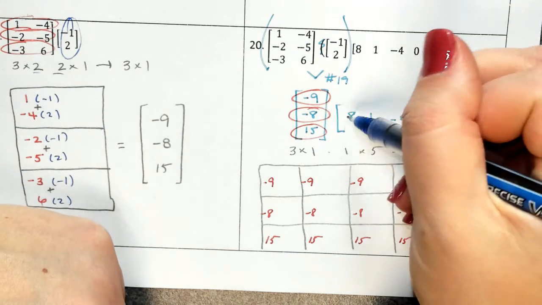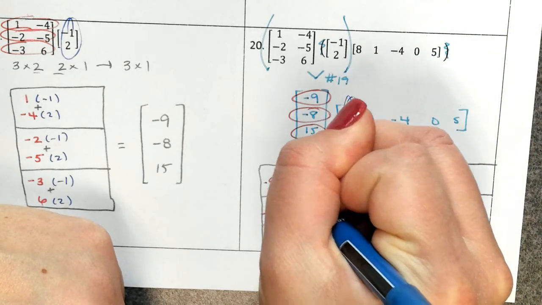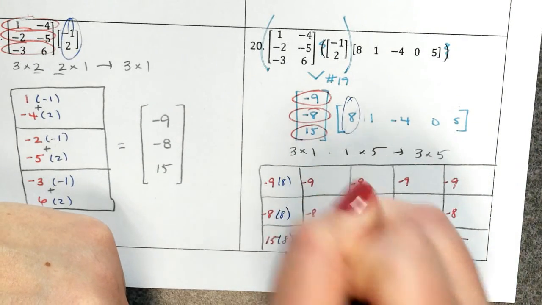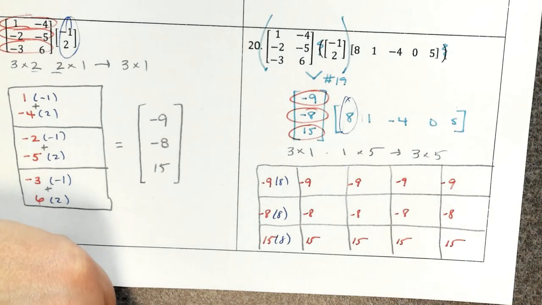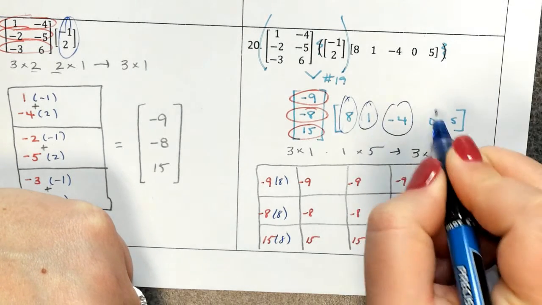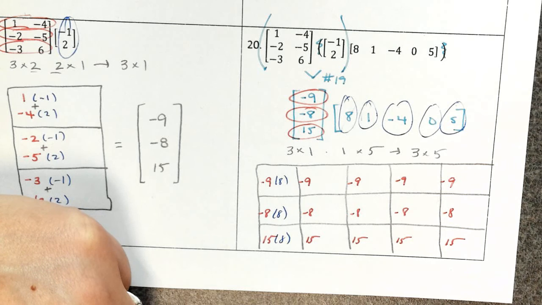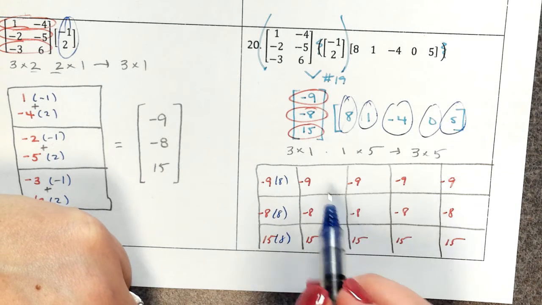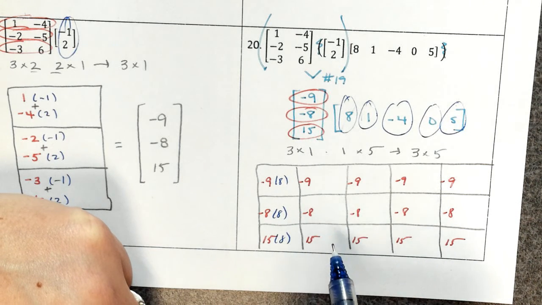In the first column, I'm going to have an 8 in each of those boxes. What do I put in the 3 boxes in that second column? What goes in all of these boxes?